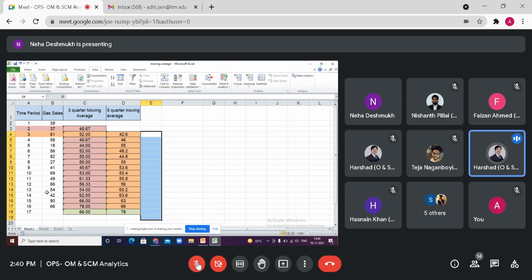Output range: select a cell where you want the output. No need to select chart output or standard errors, only the output cell, and then OK. Copy that data into the three quarter moving average column and paste it from the second cell.